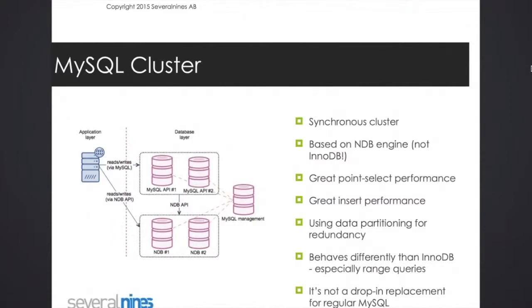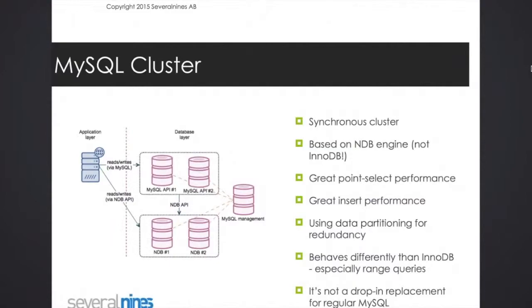MySQL Cluster delivers great point select performance. We're talking here about primary key selects, unique key selects, this kind of queries. It provides great insert performance for simple, quick inserts. For redundancy, it uses data partitioning.